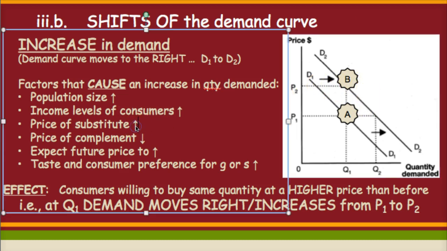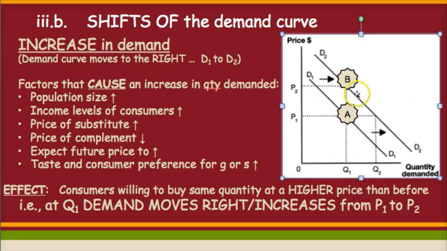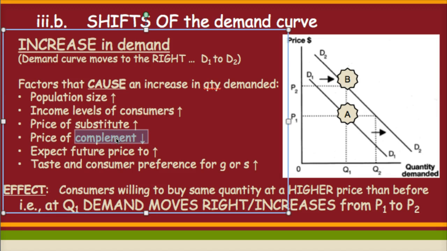Perhaps the price of the substitute went up, so now there is more demand for this particular product, moving it to the right. Perhaps the price of the complement has come down, so people are more willing to buy this good, so it's moved across again to the right, an increase in demand.